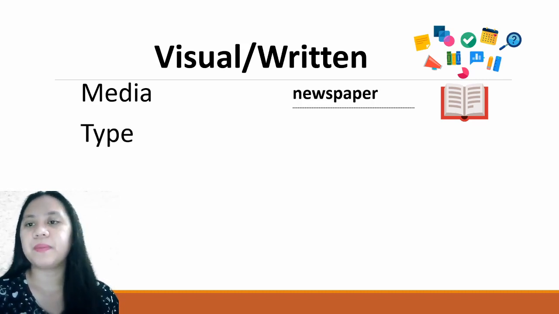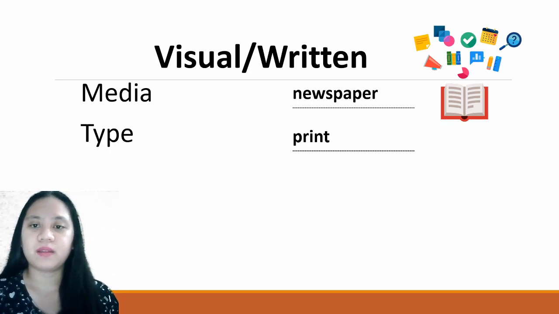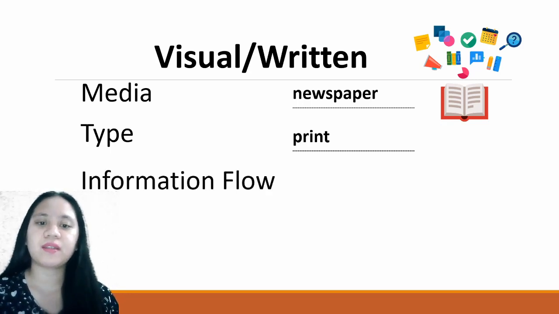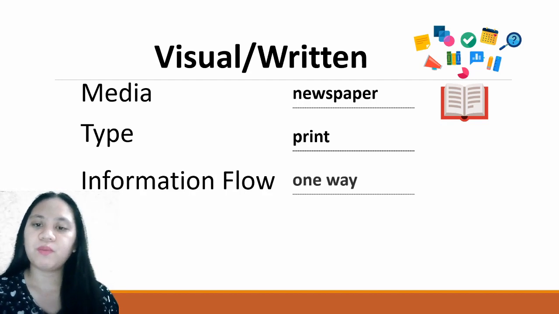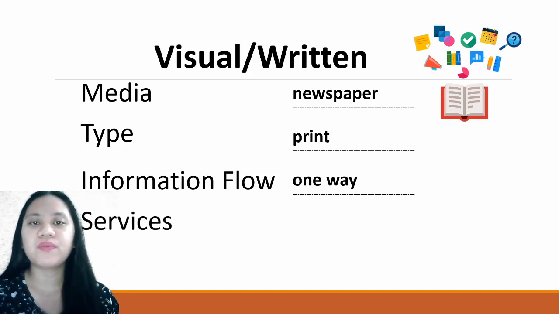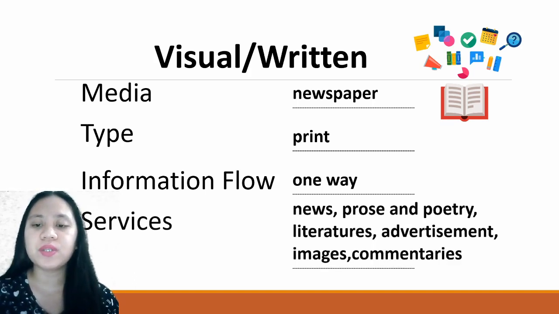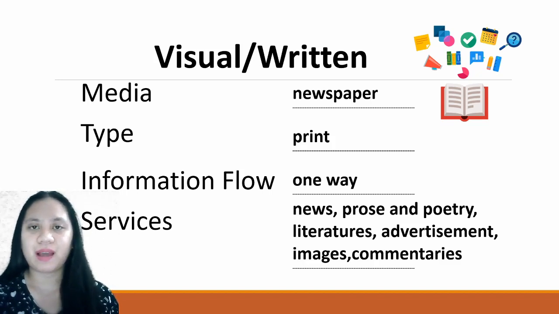Next, the type. The type is print, printed. Next, the information flow is one-way. Because it is visual and written, there is no conversation. It is one-way information only. When the printed material is given to you, you read it. Next, the services: news, prose, poetry, literature, advertisements, images, and commentaries. These are the services that can be offered in visual and written media.